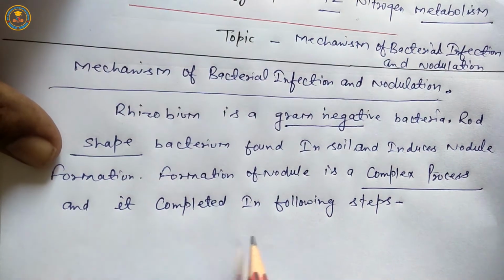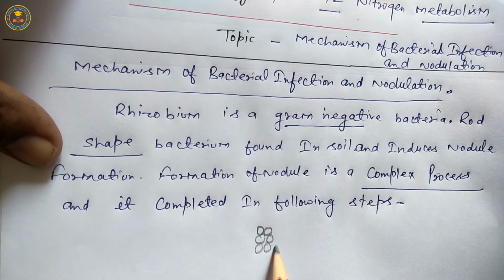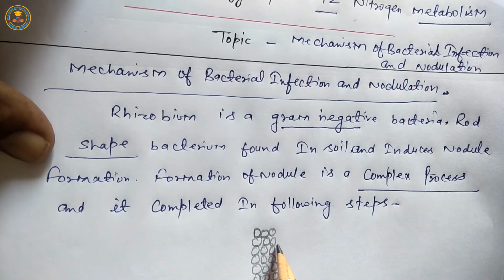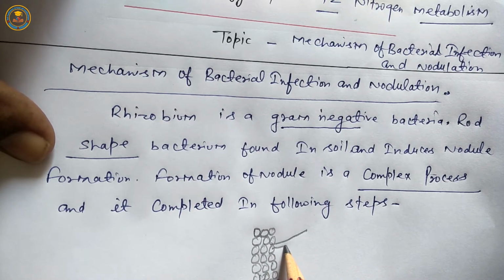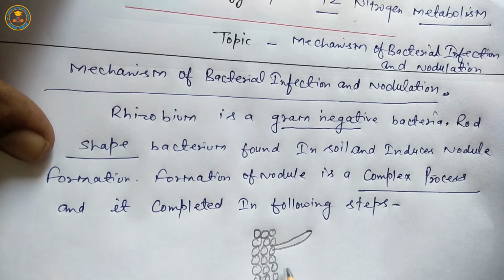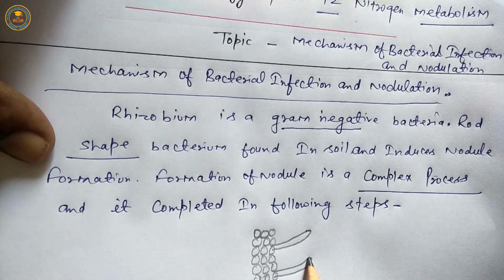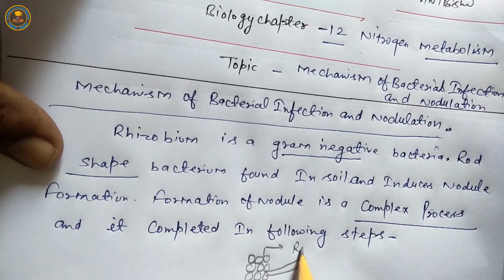First, in a legume plant, the root part has specific tumor-like structures. These tumor-like structures are called root nodules. Students, this is a root part.